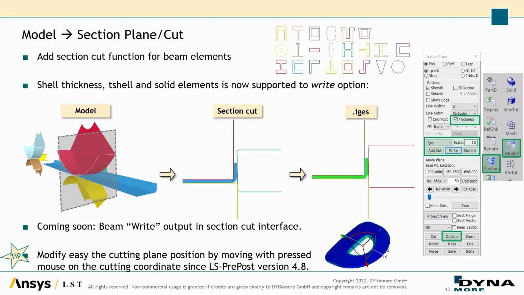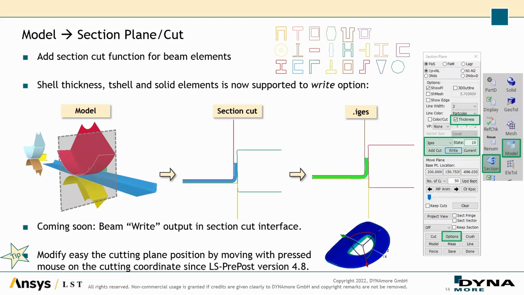Used for the section plane interface, which you can access with the VR model. They added a section cut function for beam elements, and shell thickness, T-shell and solid elements are now supported for the fright option.